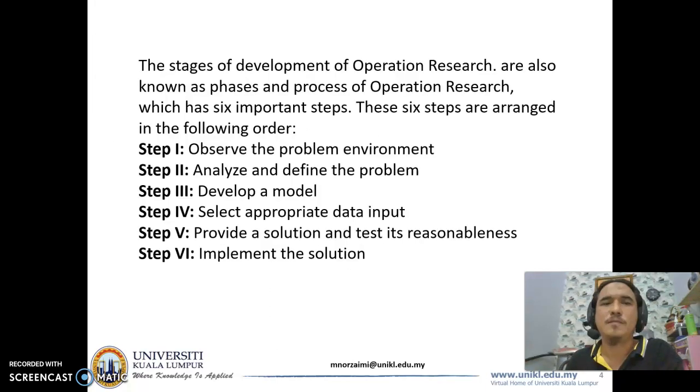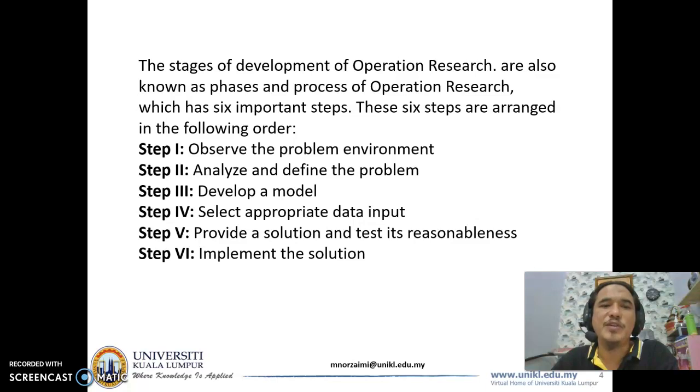Okay, so for the stages of operation research, we have six stages in development of the operation research model. In step one, observe the problem of the environment. Based on the situation, we will observe the situation and record the data, then we will analyze in step two to analyze and define the problem.